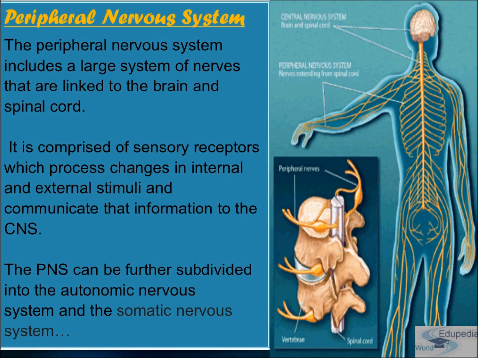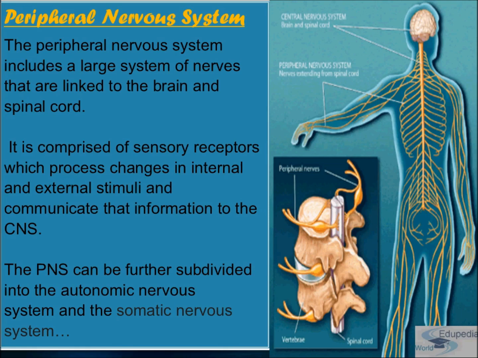So your peripheral nervous system consists, or you can say the nerve fibers of the PNS are of two types. First is afferent fiber and second is efferent fiber. Afferent fibers, what do they do? They transmit impulses from tissue to the CNS, and when I say CNS, that means spinal cord and your brain.